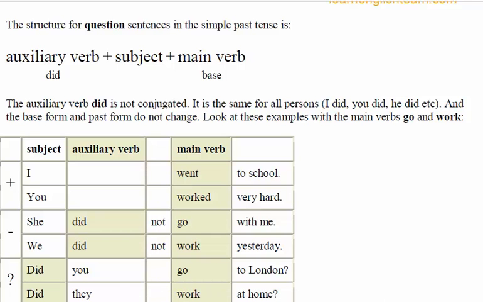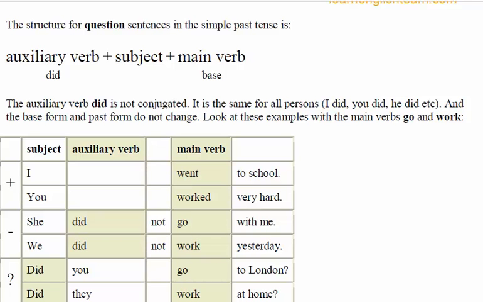Okay. And number three is the structure for the question sentence in the simple past tense. In simple past tense, student, the auxiliary verb did comes before the subject, and then the main verb, which is the base. You can notice that along with did, we only use the base, not the past form.